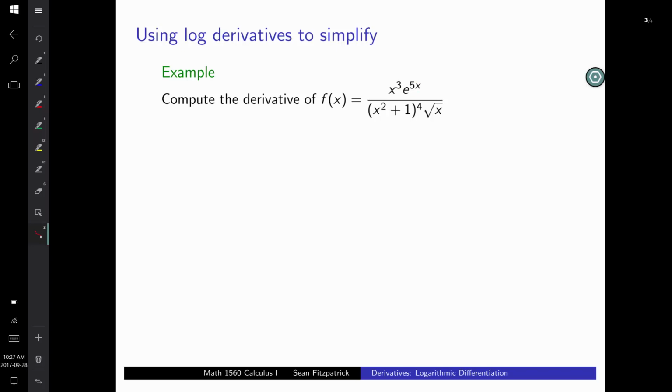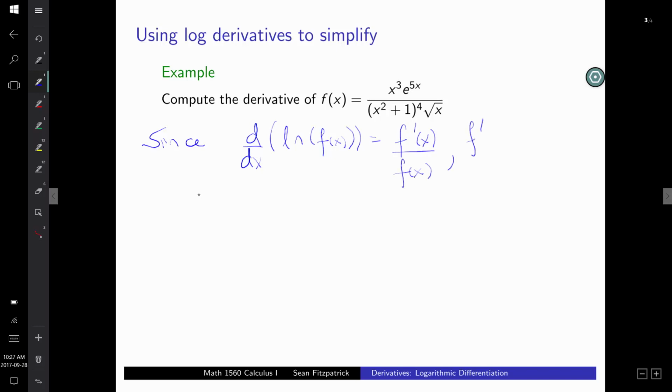So that's really messy, okay? But I know that since the derivative of the natural log of f of x equals f prime of x over f of x, I can calculate f prime of x.